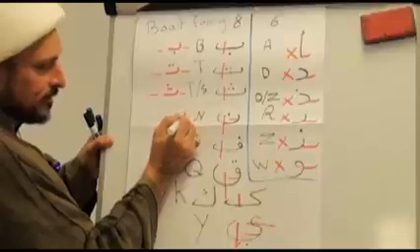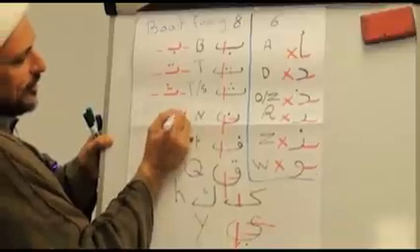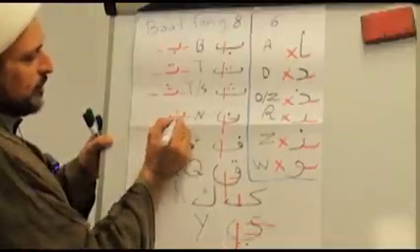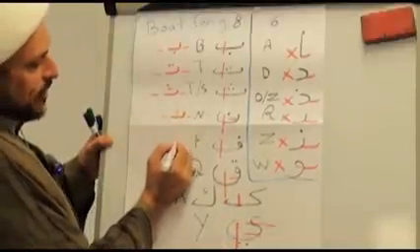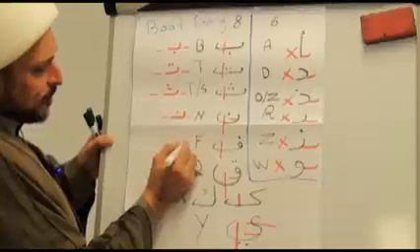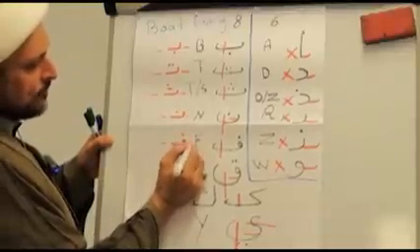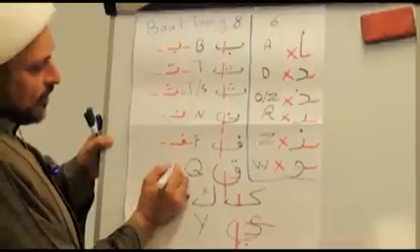Noon, remember, we cut the tail and stretch it, so it will not look like a tub anymore. Also it will be connected from the left side and the right side. Fa, cut the tail, and it will be connected from the left-hand side and the right-hand side.